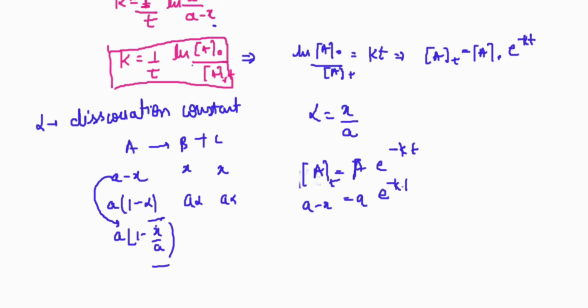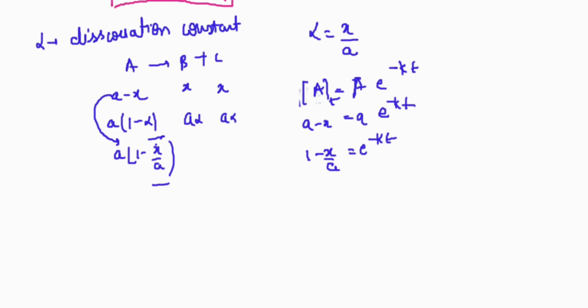If we divide by a, 1 minus x by a equals e to the power minus kt. So alpha will be 1 minus e to the power minus kt.